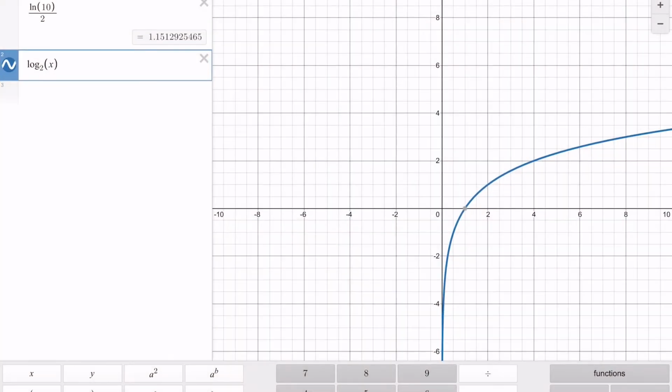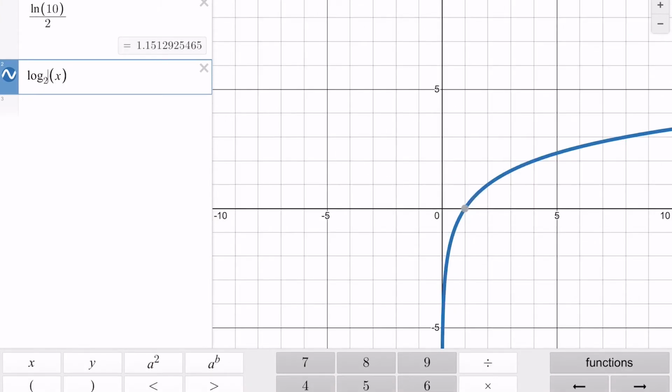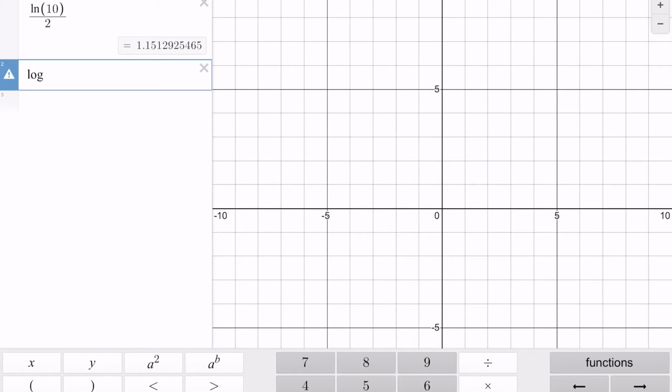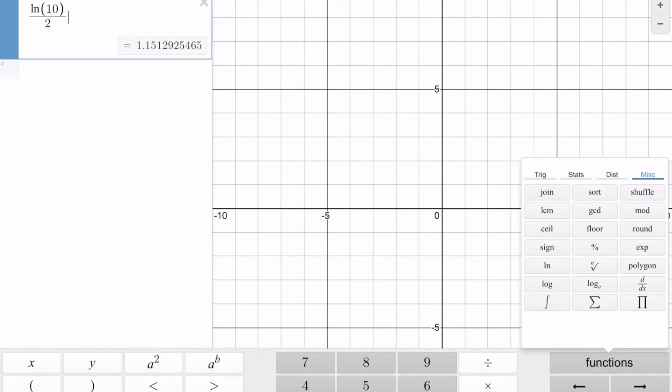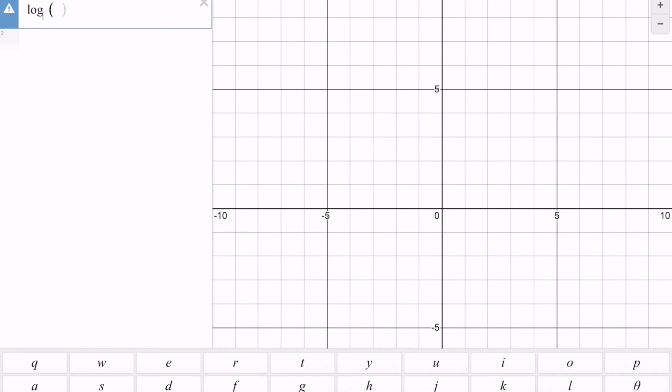Instead of graphing log base 2 of x, I'm going to graph log base d of x and put a slider in.